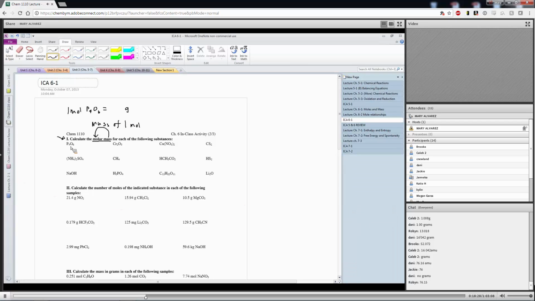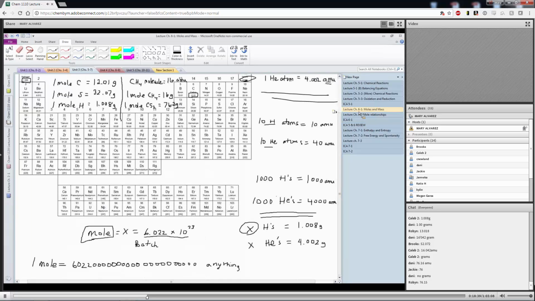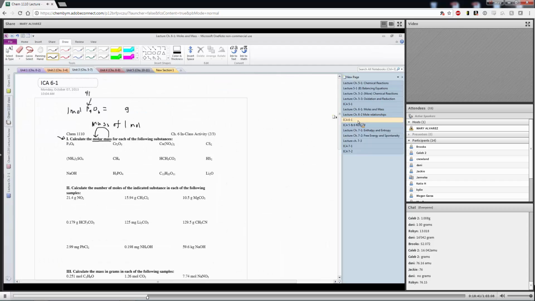Note there's 4 phosphoruses and 6 oxygen atoms. So you're going to have to say 4 times the mass of each phosphorus, which is 30.97, plus the mass of 6 oxygen atoms, which is 15.9994.